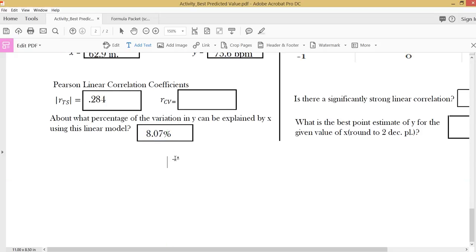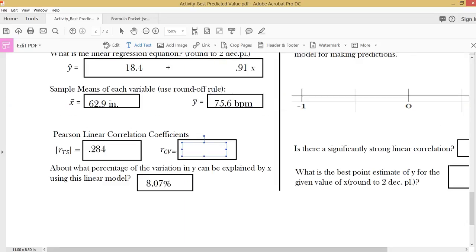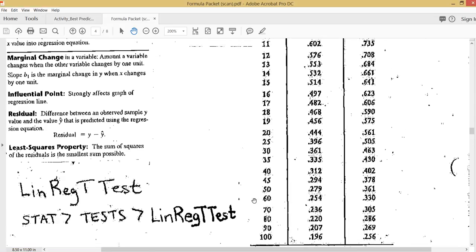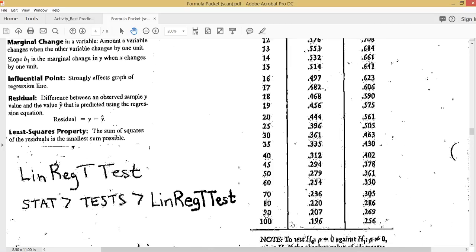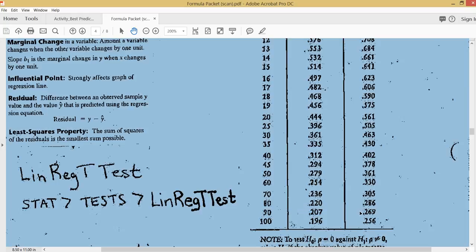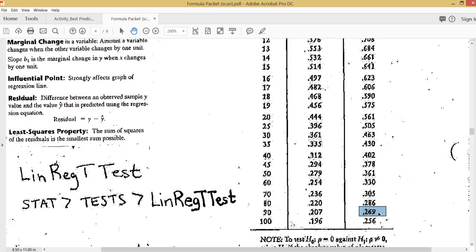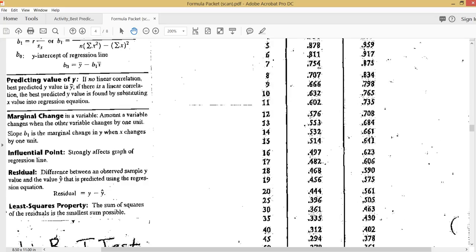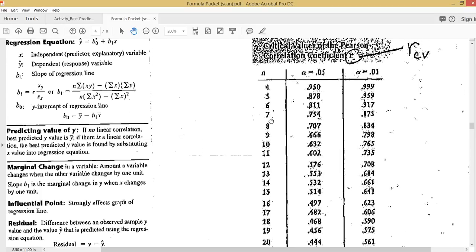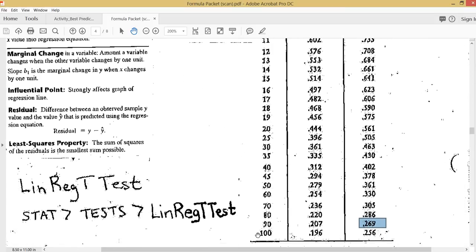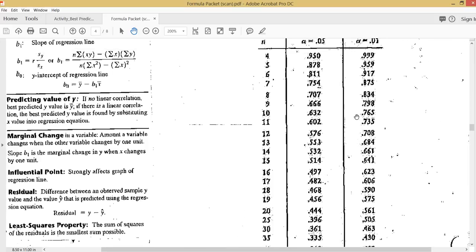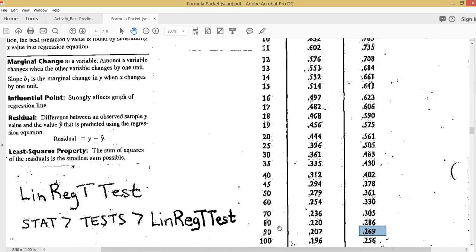8.07%. And now the critical value we'll get out of this table, table A6, looking at a sample size of 90, but using the same significance level, we end up with 0.269. So again, we were in the sample size column N. We chose N equals 90, and then we're moving over to the 0.01 significance level.